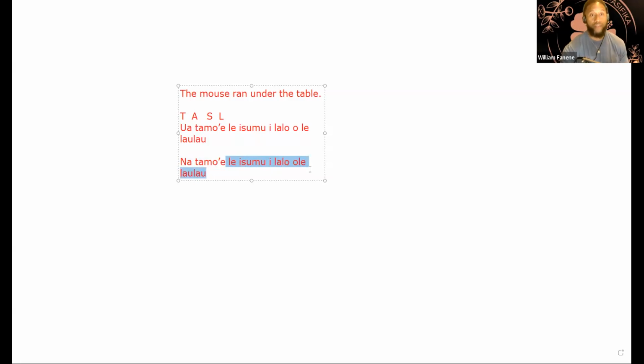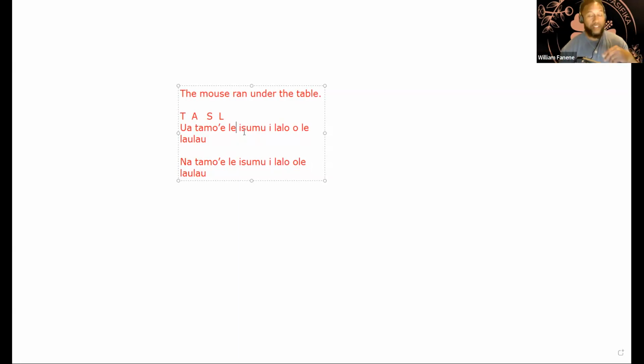Now notice we don't have the e this time. And the reason why is because one subject is going to another subject. The mouse didn't do anything to the table, it's going to that table. So for some people that takes a little bit to digest.